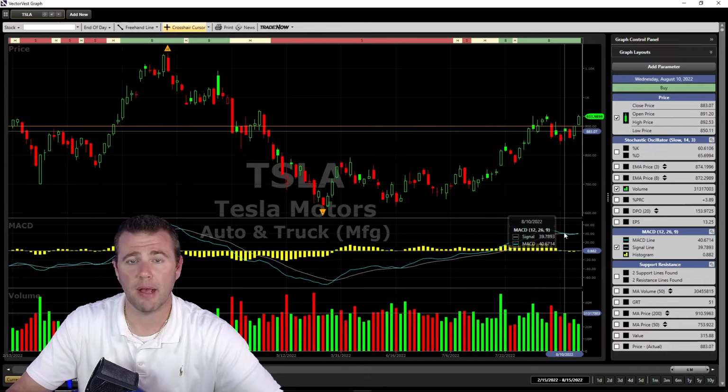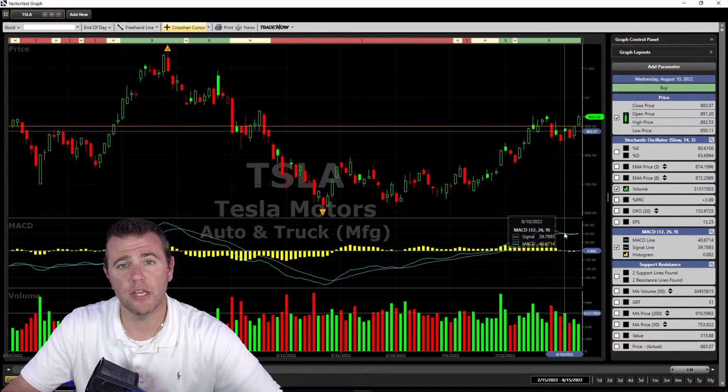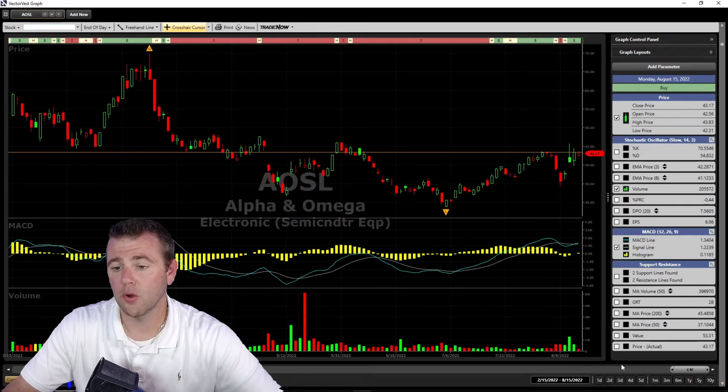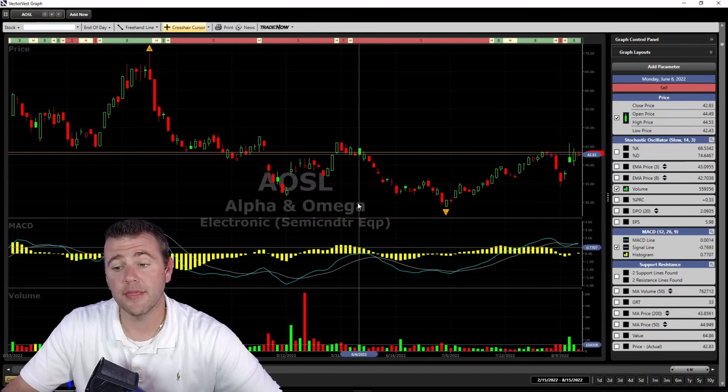Now, as we talked about, MACD is not only great for directional trades or trend changes, it can also show divergences as well. And while Tesla may not be the best example, we move down the list to our next stock, AOSL, and this will be a great example of those divergences that we were talking about a second ago.